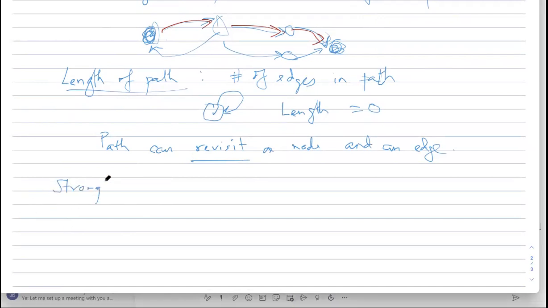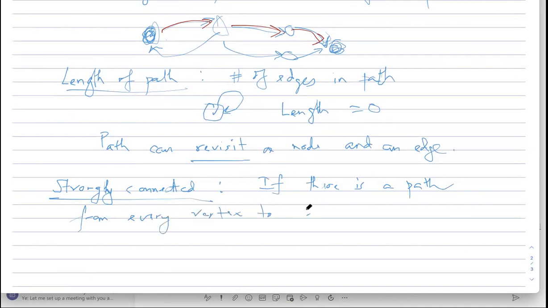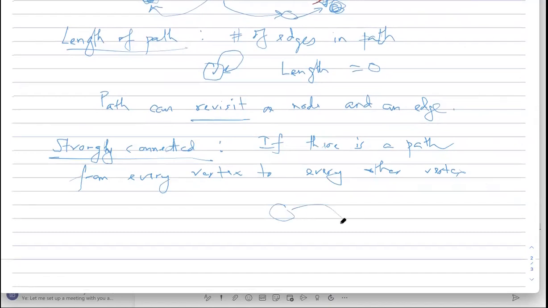Strongly connected. So what is a strongly connected graph? If there is a path from every vertex to every other vertex. What would be an example of that?